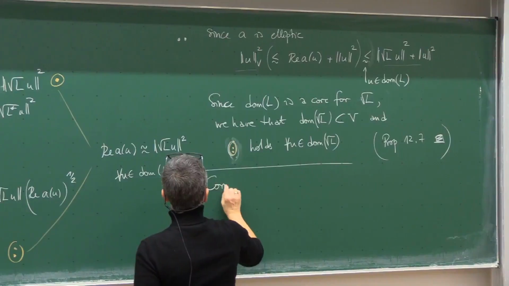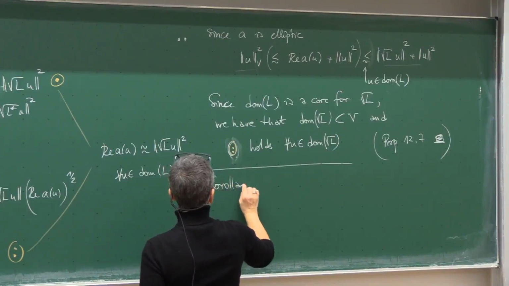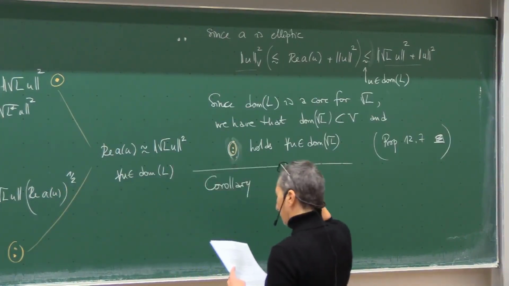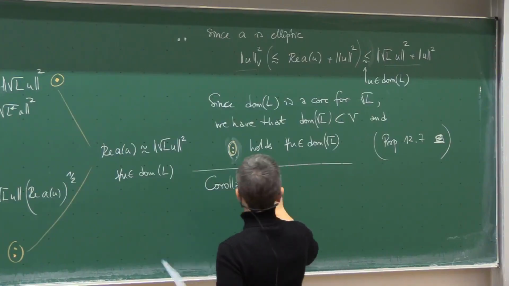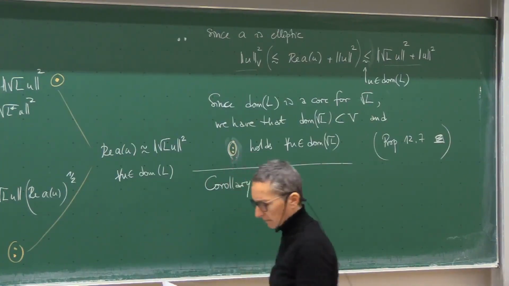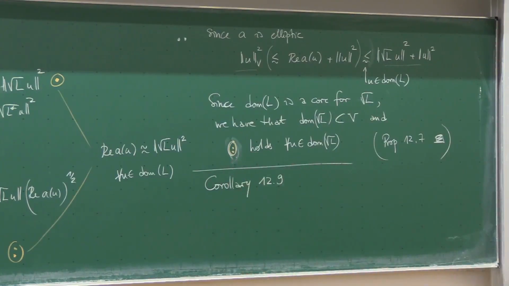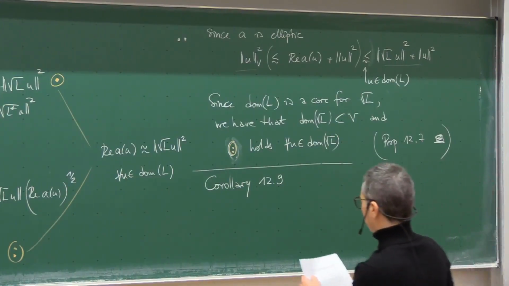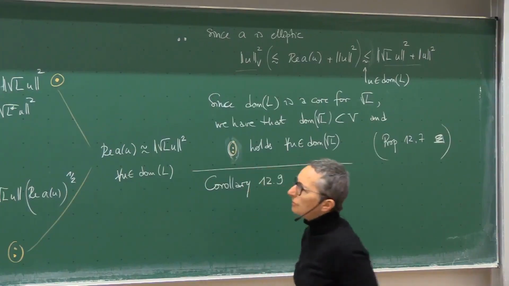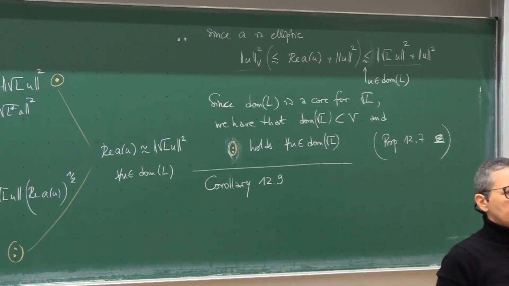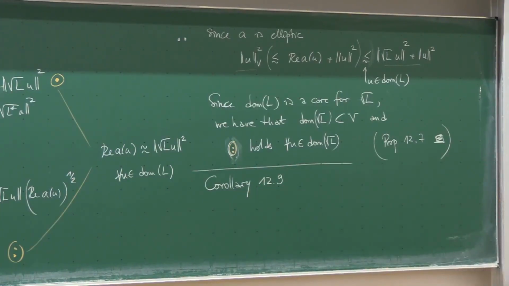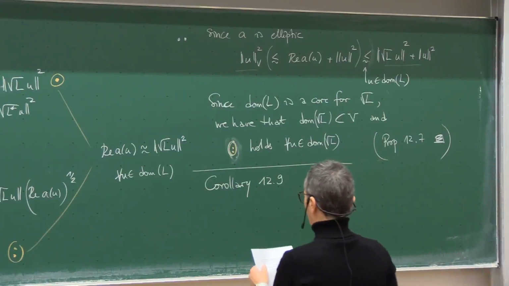So, as a corollary, corollary 12.9. Did I forget 12.8? Oh, that was a remark. So, to establish the square root property for L or A.